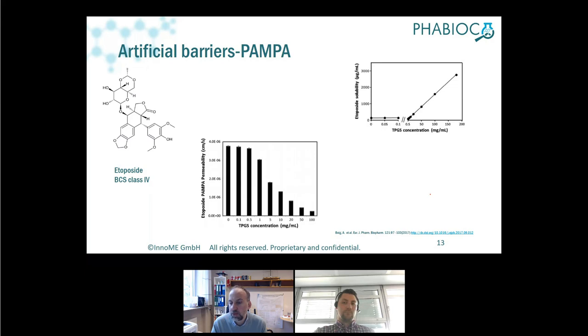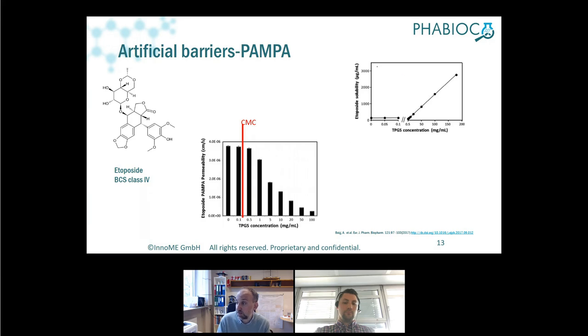They tried to formulate this compound utilizing a micellar agent, TPGS, tocopherol polyethylene glycol succinate. You can see in the bottom graph that as they increased the concentration, they observed with PAMPA a reduction of the permeability. The reduction starts when the CMC of the TPGS, the critical micellar concentration, is exceeded.